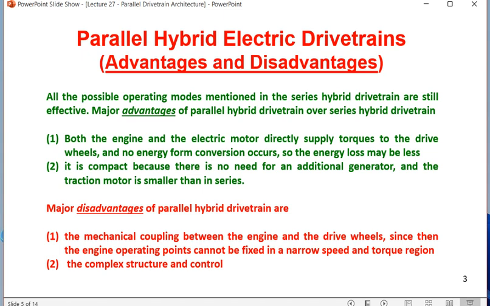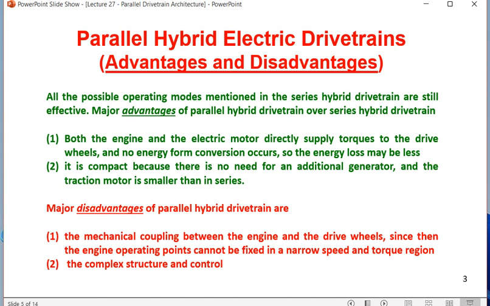So the amount of error in speed control of this overall drivetrain as well as the primary powertrain is such that very narrow range or very accurate speed control is not possible, because it is a mechanical kind of coupling and mechanical systems are always a little less accurate than electrical systems. That's why in case of series hybrid it was always electrical, and the control was very precise, speed control and torque control.